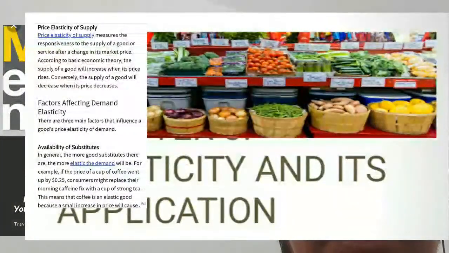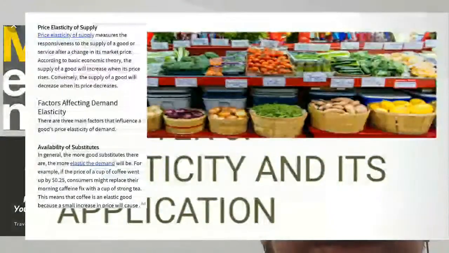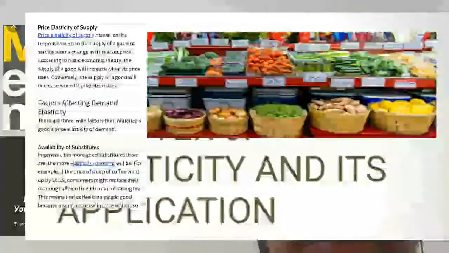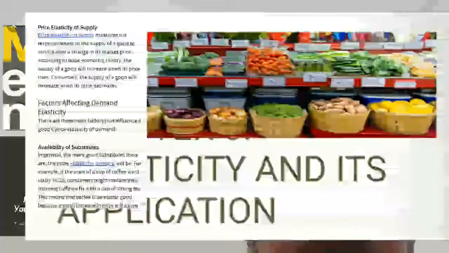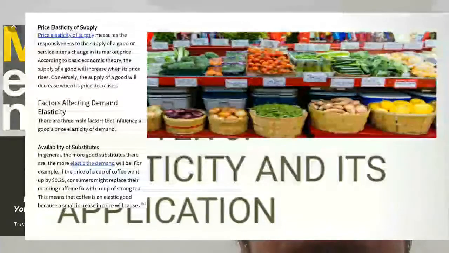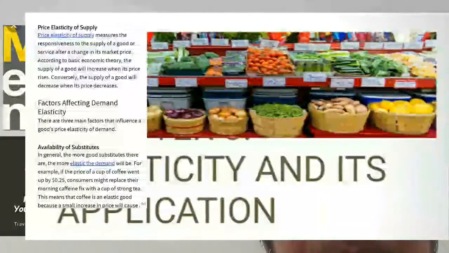For example, if the price of a cup of coffee went up by 5 cents, the consumers might replace their morning caffeine fix with a cup of strong tea. So there's a strong reaction regarding the change in price.